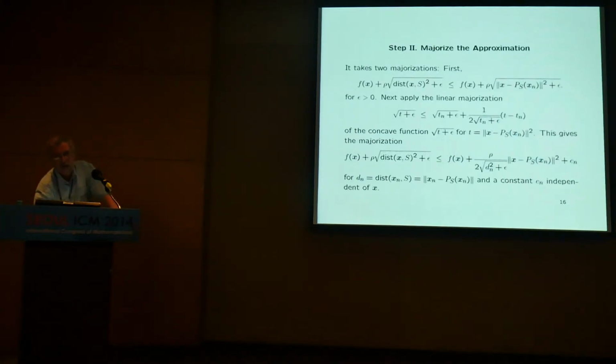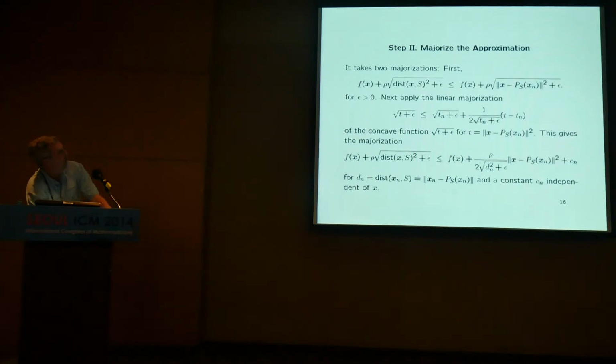The next step is to majorize the approximate problem. We majorize the distance function squared by this Euclidean distance from x to the current projection. That's the first majorization. And the second majorization is a linear majorization of a concave function. So we're placing a line above a nice concave function, which is the square root of t plus epsilon.